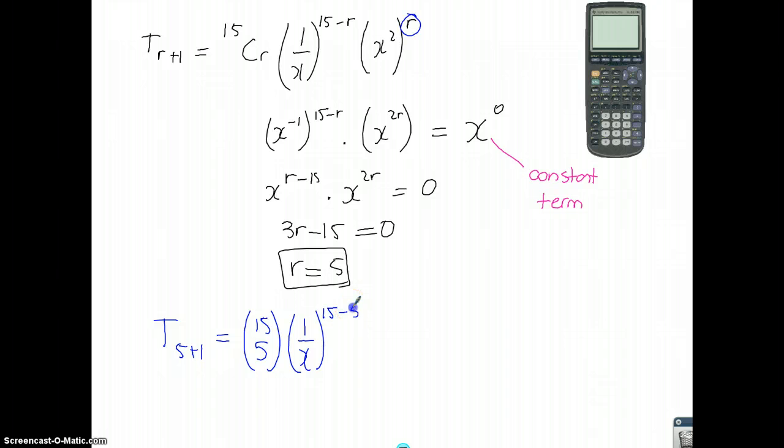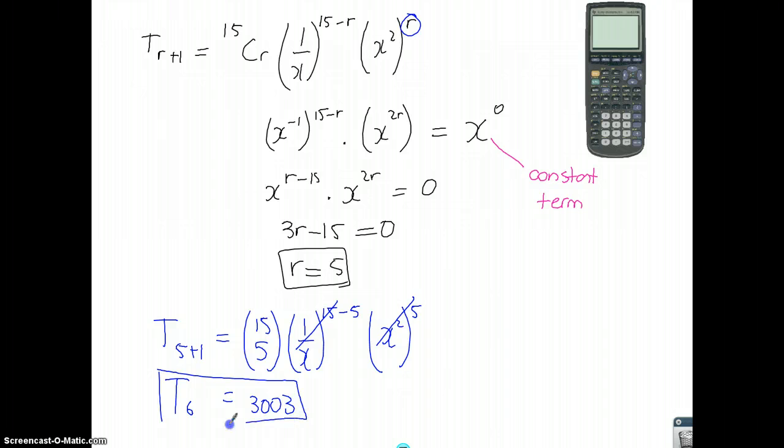There's our 10 that's coming out. And there is our x squared to the power 5. 15, choose 5, remember, 3003. We get 1 over x to the 10, our x to the 10. They cancel out. And there is term 6, which is our constant term of 3003.